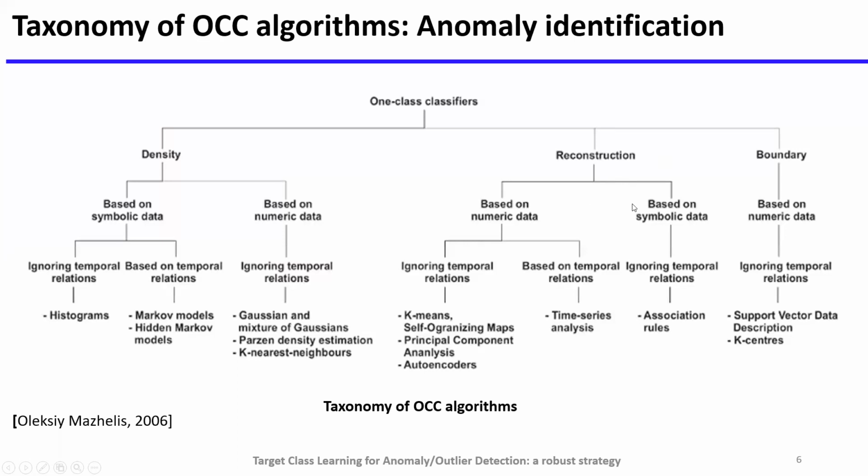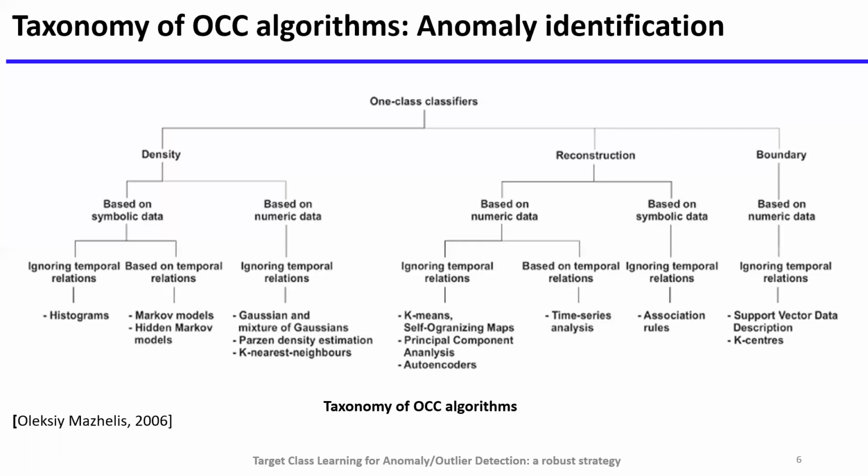The second one is the reconstruction-based model. Contrary to the density-based models, no assumption about the underlying data structure is made. We may have several types here. We can go for association rules, time series analysis, SOM, principal component analysis, or autoencoders, because the ultimate target is how the incoming sample will be reconstructed.